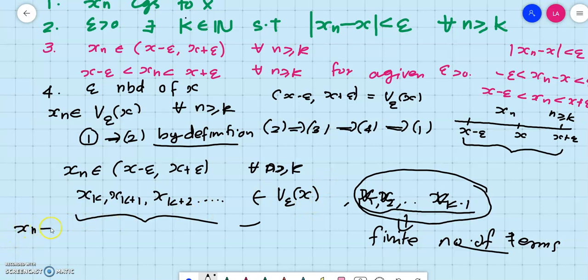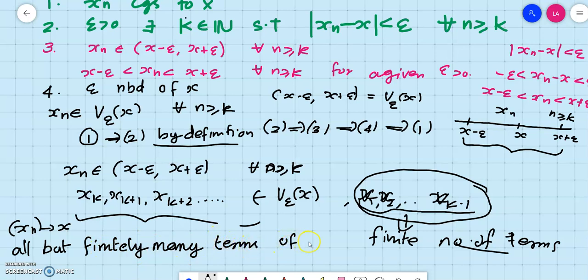So a sequence xn converges to x means that all but finitely many terms of xn are in some neighborhood of x. This is what it means. All but finitely many means except for finitely many terms, that is x1, x2, etc., xk minus 1, all the terms of the sequence should belong to the epsilon neighborhood of the point x. This is what the concept of convergence actually means.